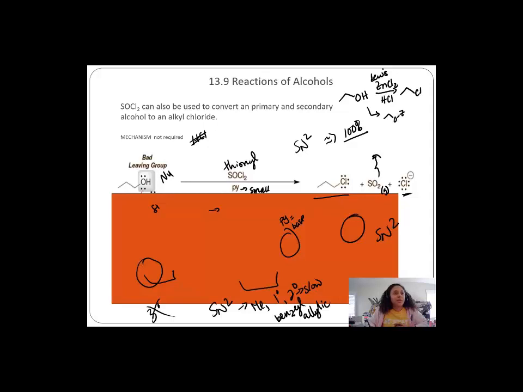First you have this zinc chloride intermediate, making the OH a good leaving group, and then the chloride ion from the HCl comes in and kicks this out. That's another version of the reaction that people sometimes do, but this is still the best. This reaction with zinc chloride is actually called the Lucas reagent. It's a test that people often use to test whether you have primary or secondary alcohols.